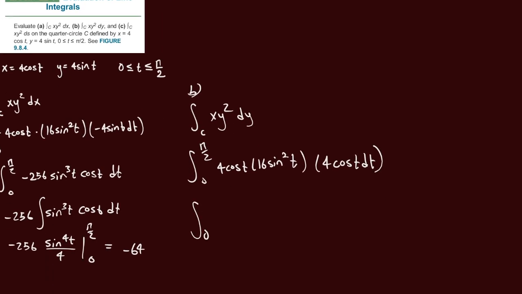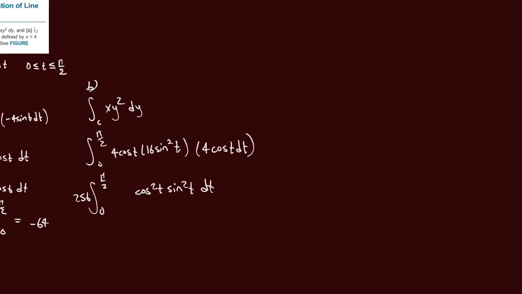So that's 256 cos squared t sin squared t dt, and then we can bring the 256 out in front. So now let's integrate cos squared t sin squared t. If you recall, sin 2t is equal to 2 sin t times cos t.